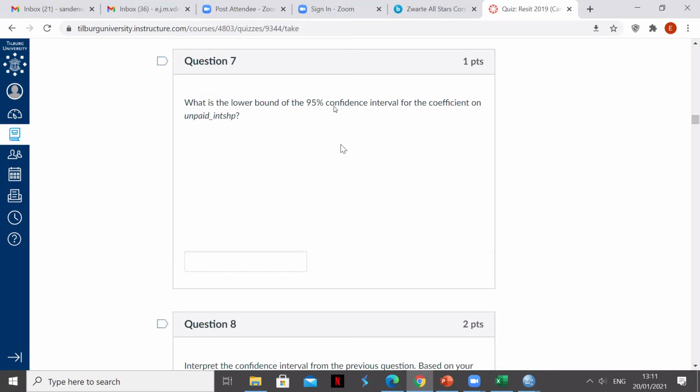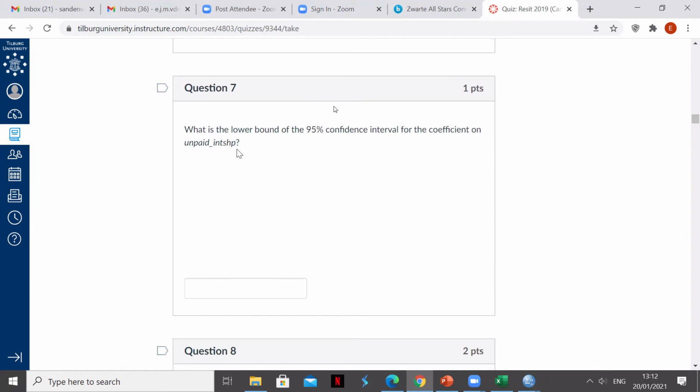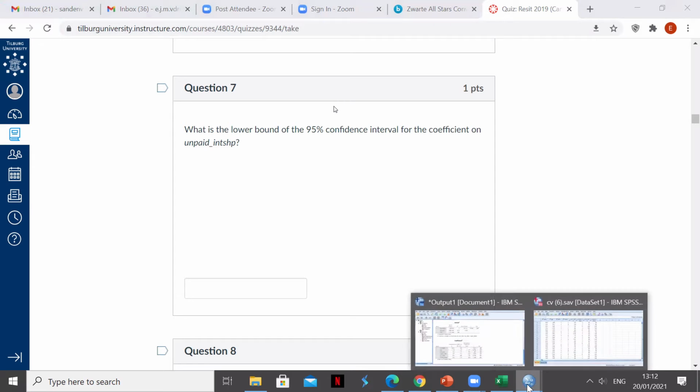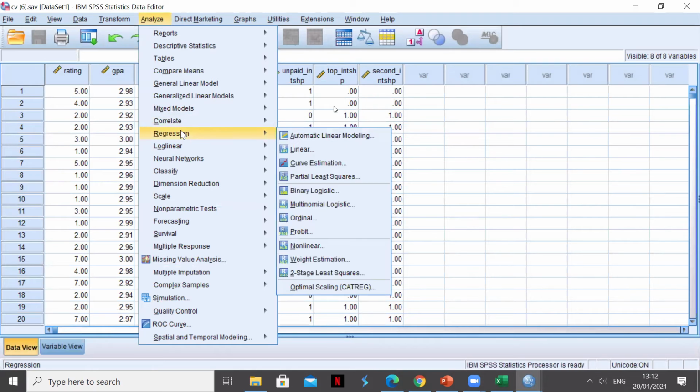Okay, question 7. Here it's important to know the actual formula, but you can also do this in SPSS. What is the lower bound of the 95% confidence interval for the coefficient on unpaid internship? You go to SPSS. We have our model already, so that's very convenient.